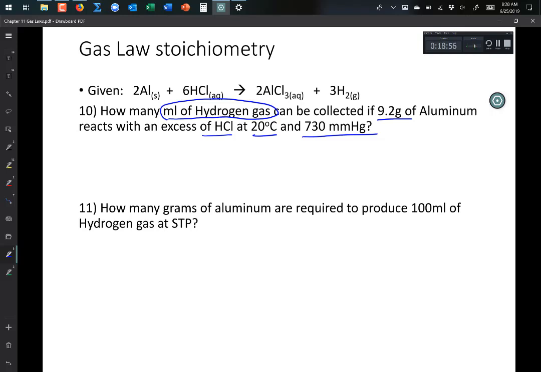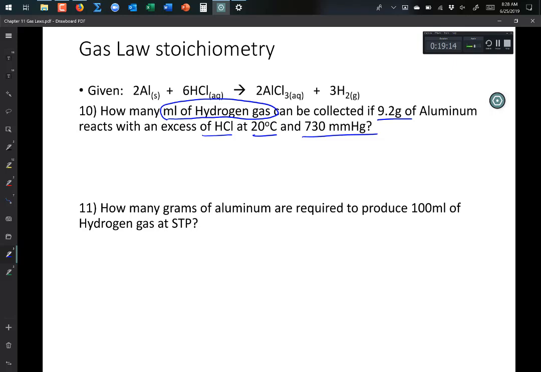So, okay. So let's look at this problem, right? You have grams of aluminum. You have a temperature and you have a pressure. If you see temperature, pressure, mass, moles, something like that, your brain should go ideal gas law. It should just do that, okay? And it doesn't do it right now, but it should.